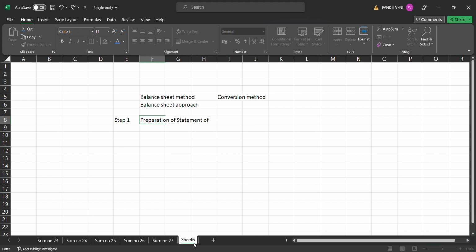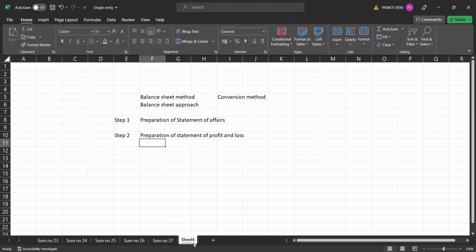And then step 2, preparation of statement of profit and loss. So these are the two steps which we are supposed to go for.